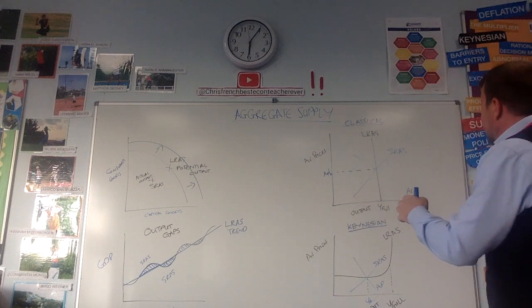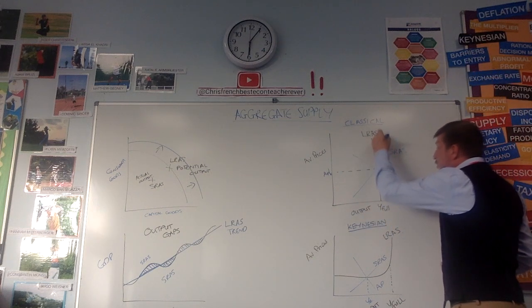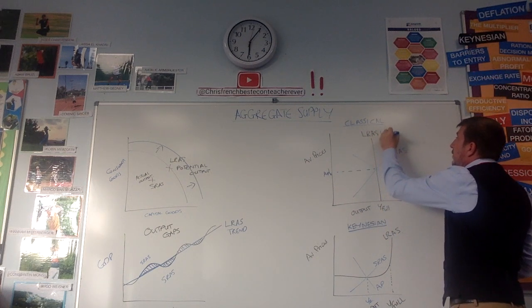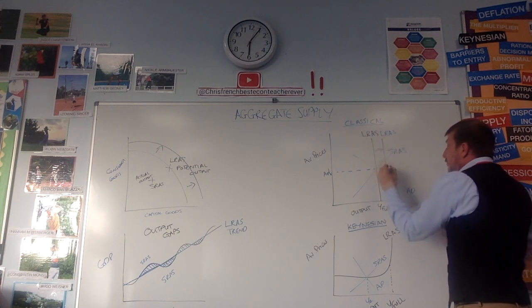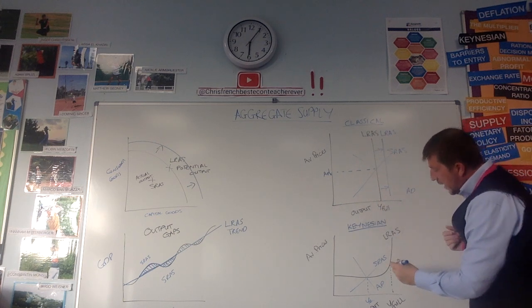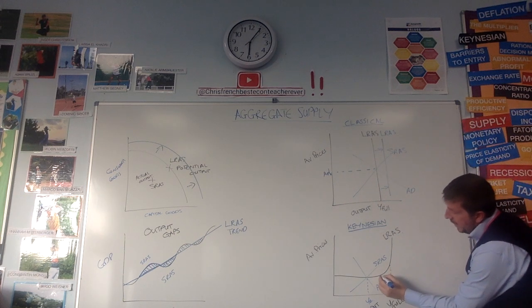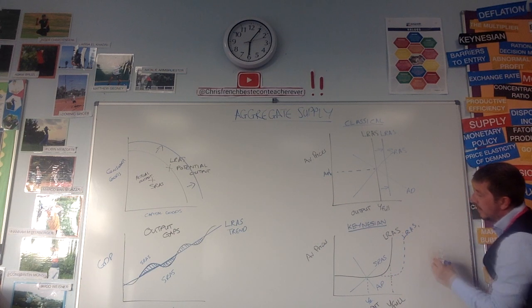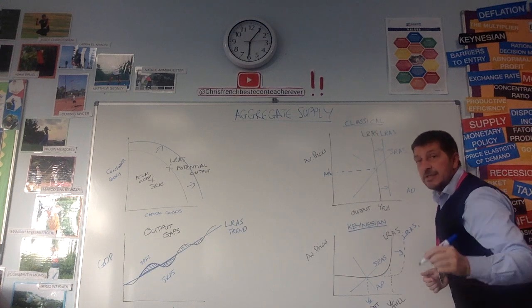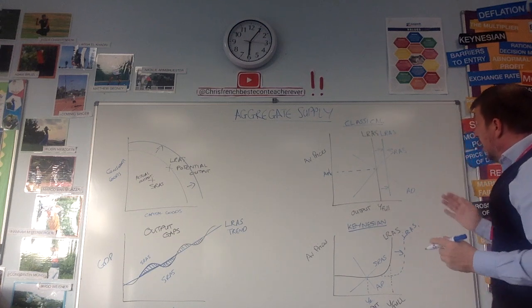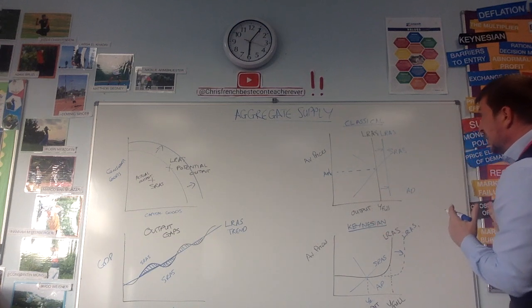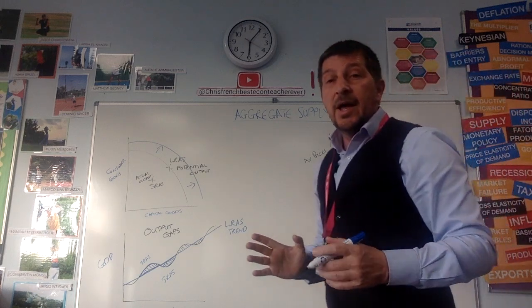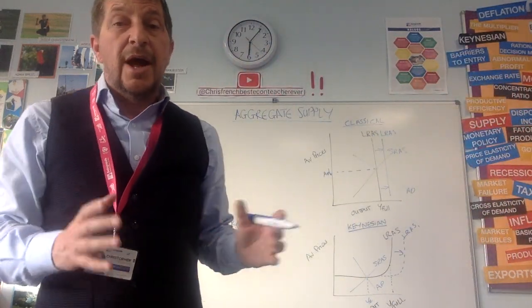And the same can be said for this. We could shift long-run aggregate supply to the right, and we can even find ways of extending our long-run aggregate supply in the Keynesian model. So there are ways for us to extend aggregate supply and make sure that we can shift it outwards.